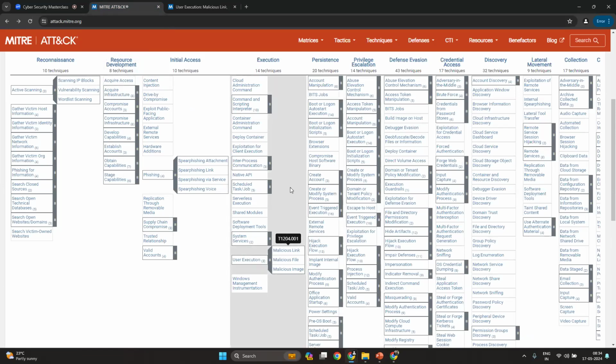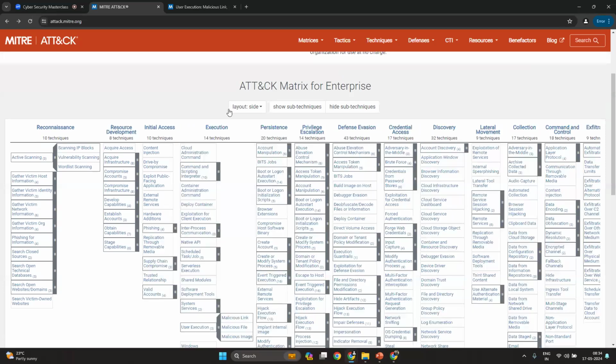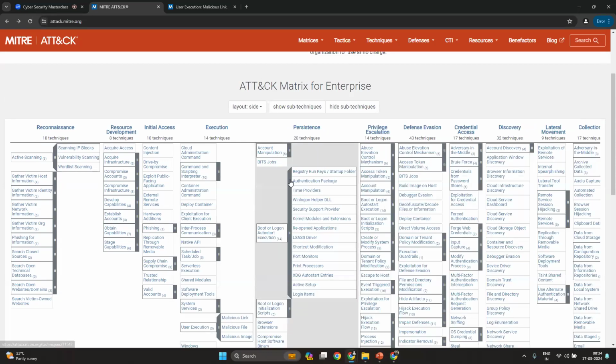Through this phishing attack, you can move to other stages, that is persistence. Now how does a threat actor establish persistence? If a blue team member would like to know how persistence can be achieved, one way is browser extensions.